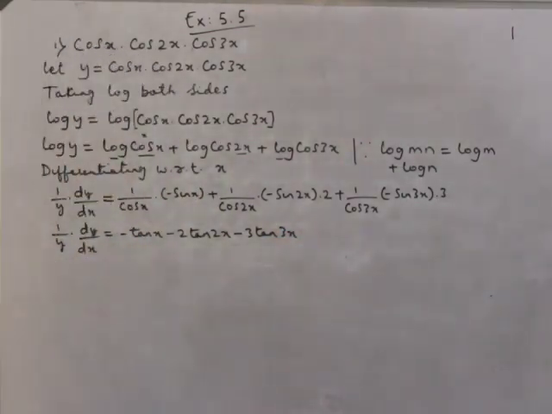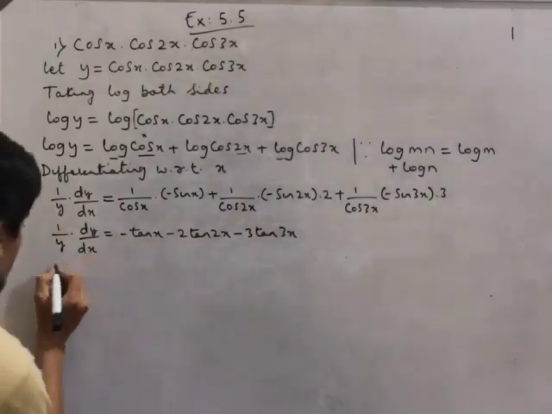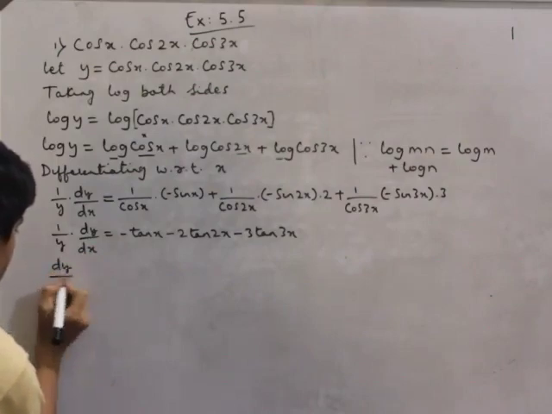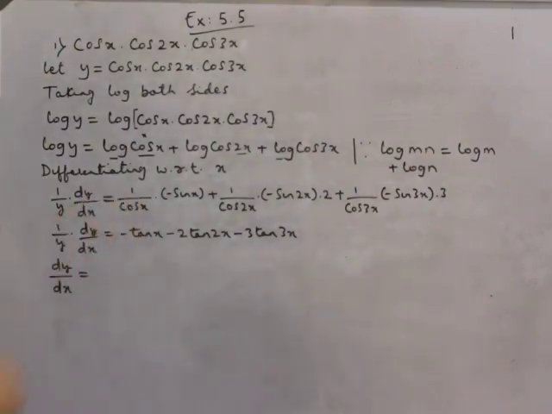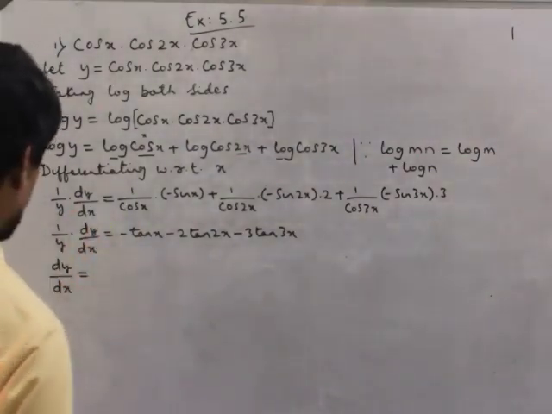Next. Here we have 1 by y, still we have not found what is dy by dx. So what I will do is, dy by dx is equal to 1 by y, send this y to the other side of this equal sign.